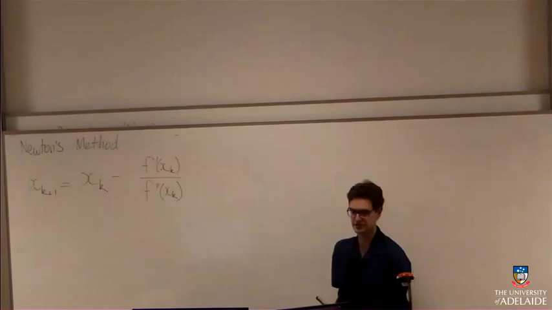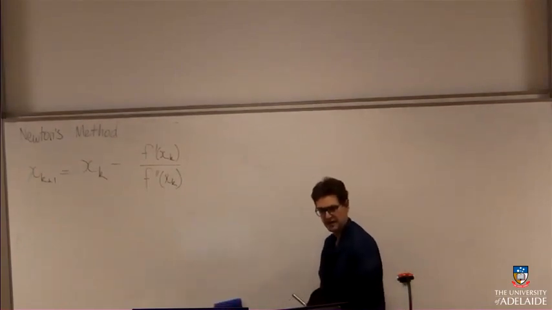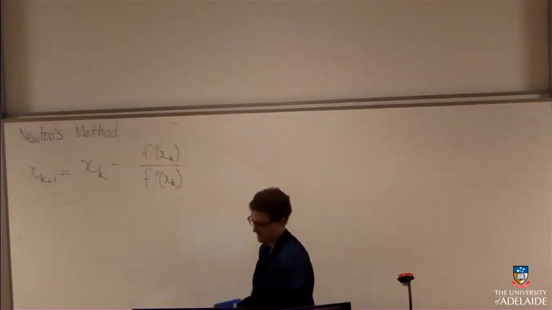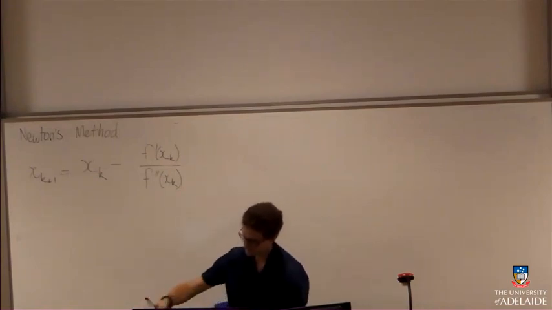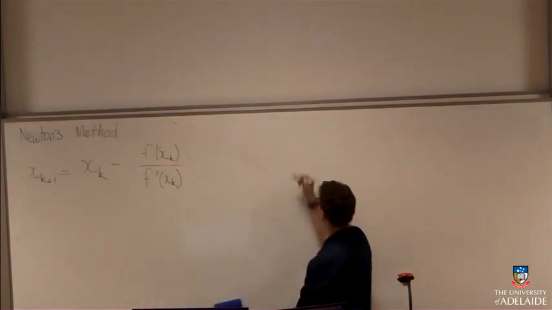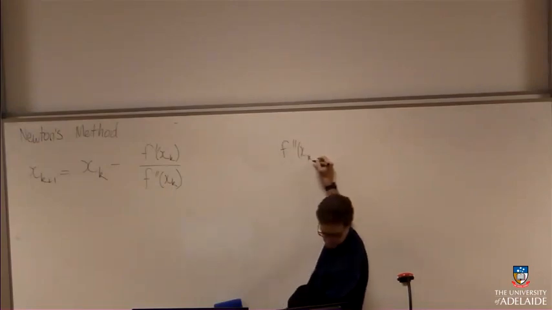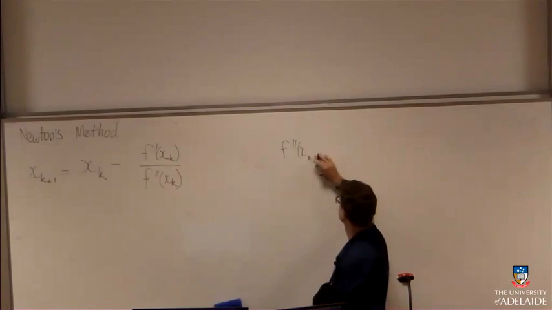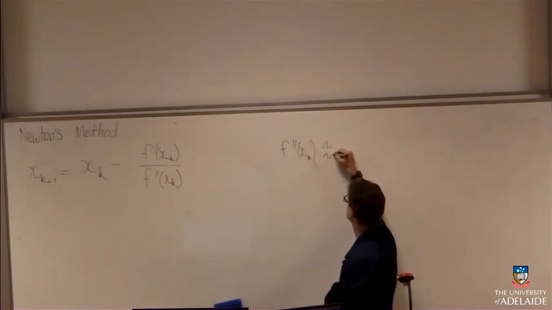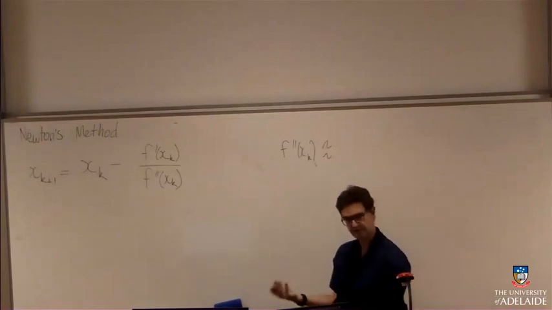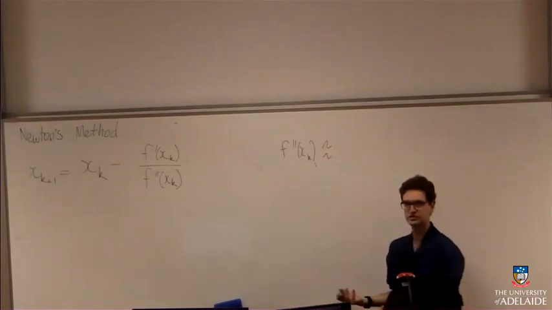There's quite a simple solution to this. I've written Newton's method up on the board here. And the problem is, what if we don't know f double prime of x? What we can do is just approximate it. We can approximate f double prime of xk by the formula for the gradient of a straight line.